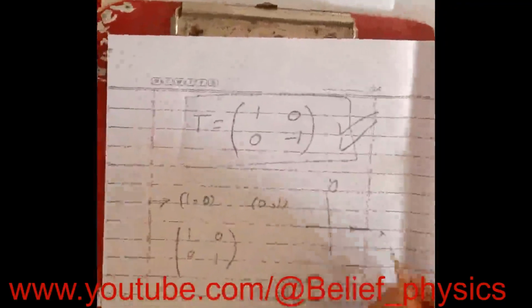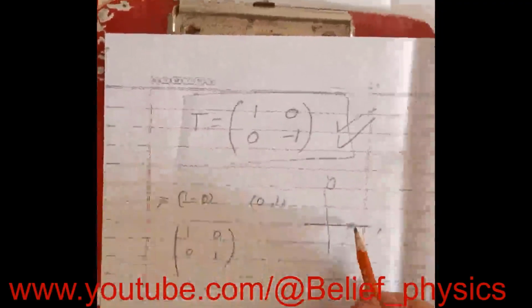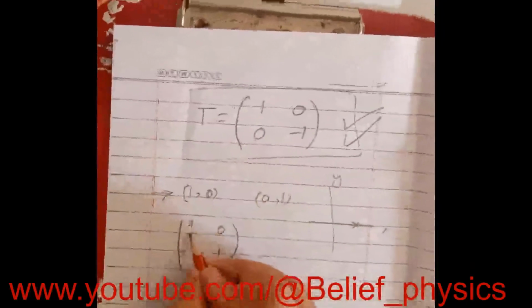This is the object. Under reflection in the x-axis, what should its image be? 1, 0 is on the x-axis, so it will remain invariant, so its image will be 1, 0.